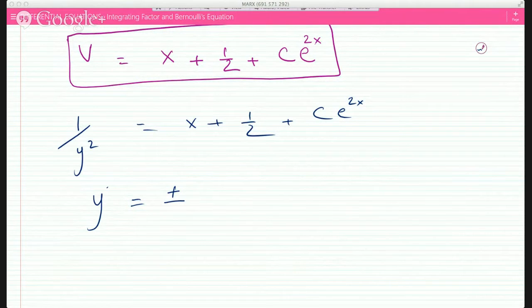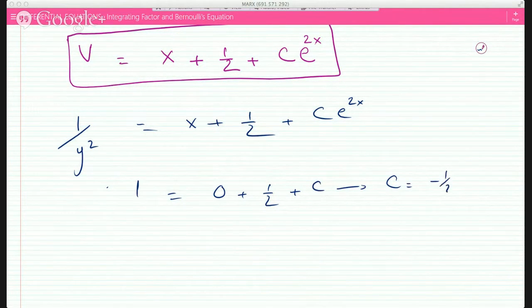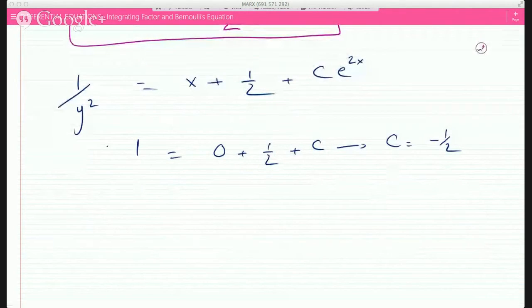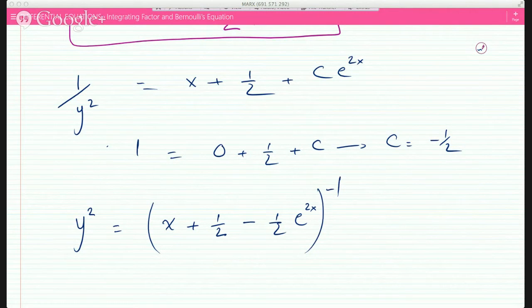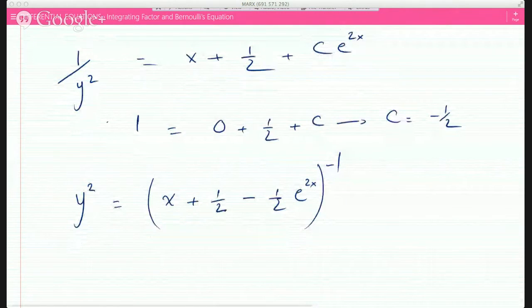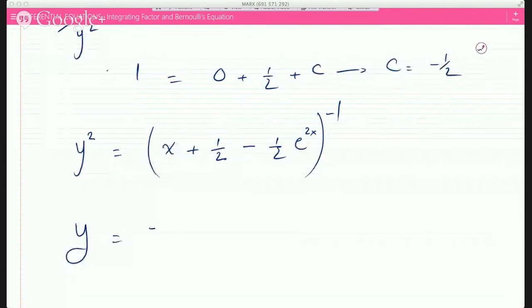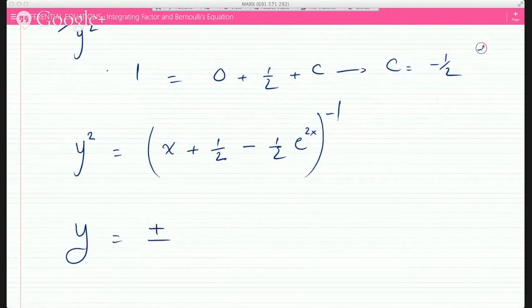So here, let's just use the initial condition. y of 0 equals 1. So that means 1 equals 0 plus 1/2 plus c. e to the 0 is 1. So c equals minus 1/2. So that means y squared is equal to x plus 1/2 minus 1/2 e to the 2x, all raised to the minus 1, which makes y equals plus or minus the square root of that.